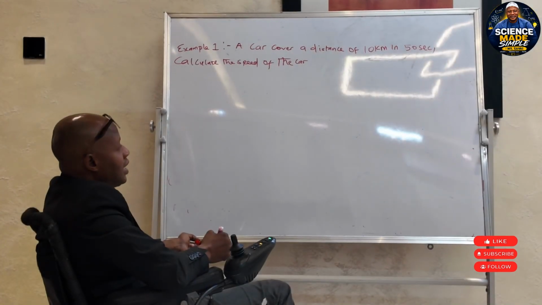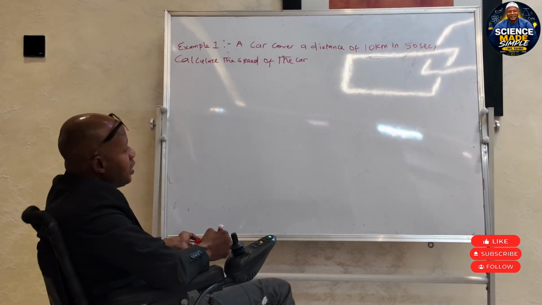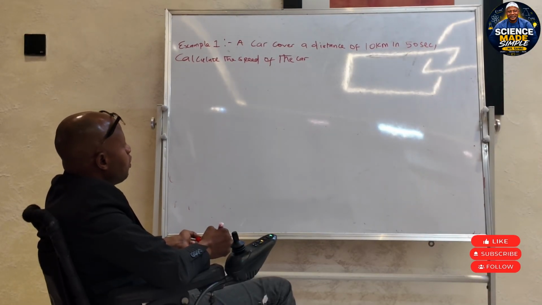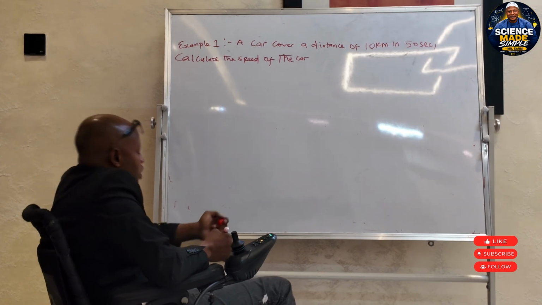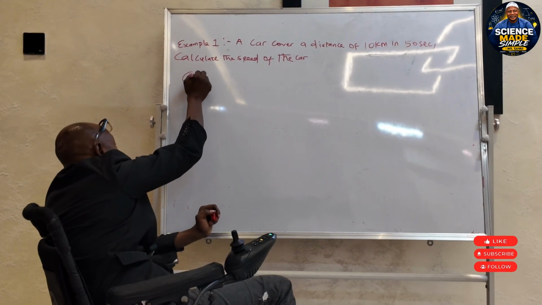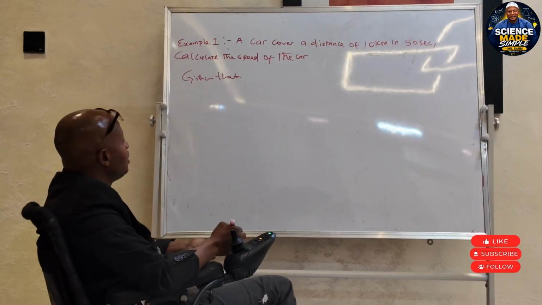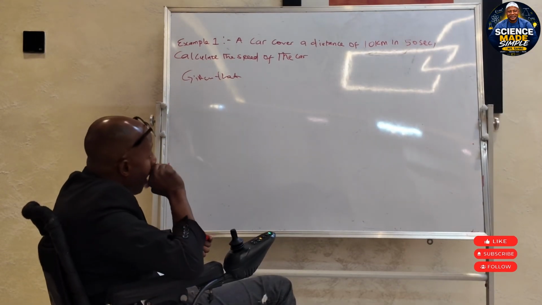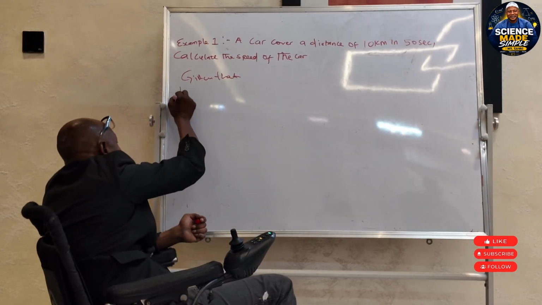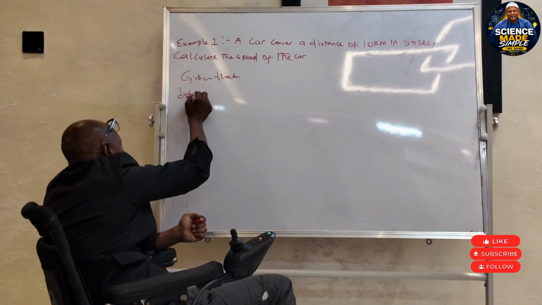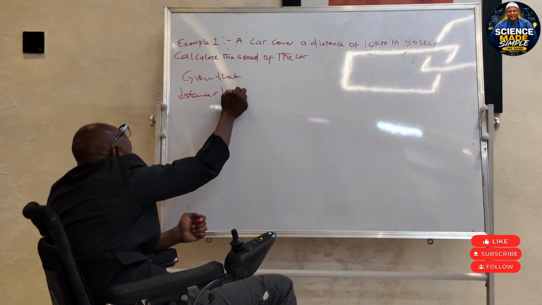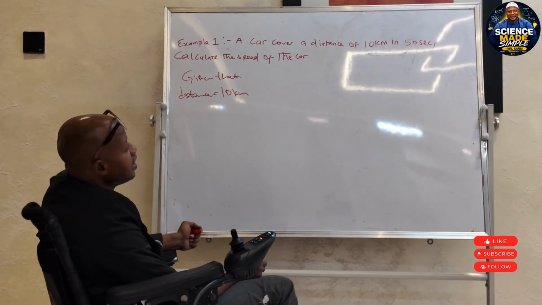A car covers a distance of 10 kilometer in 50 seconds. Calculate the speed of the car. I want you to understand the question very well. You write out the given values. From the question, we have the distance to be 10 kilometer, in 50 seconds.